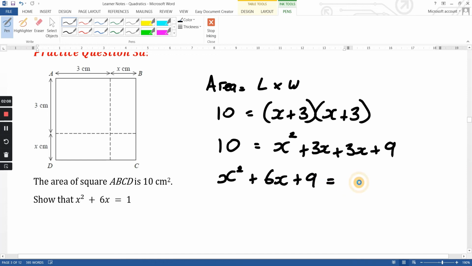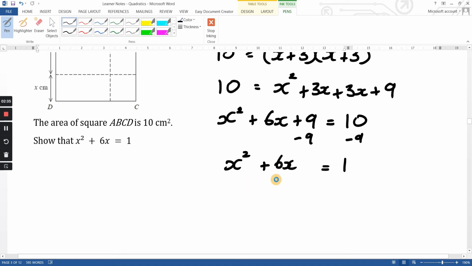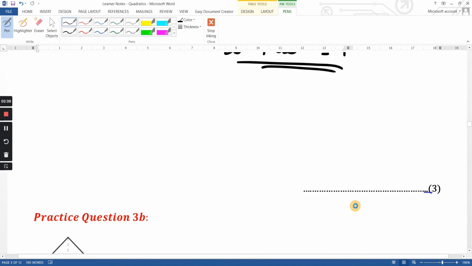Still got that, equal to 10. And yeah, we're almost there. In fact, there's only one more step. We've got the x squared, we've got the plus 6x. To get a 1 on this side, you'll have to minus 9 here and here. So you'll get equal to 1. And you're done. There you go. Show that and you've shown it. 3 marks for that.